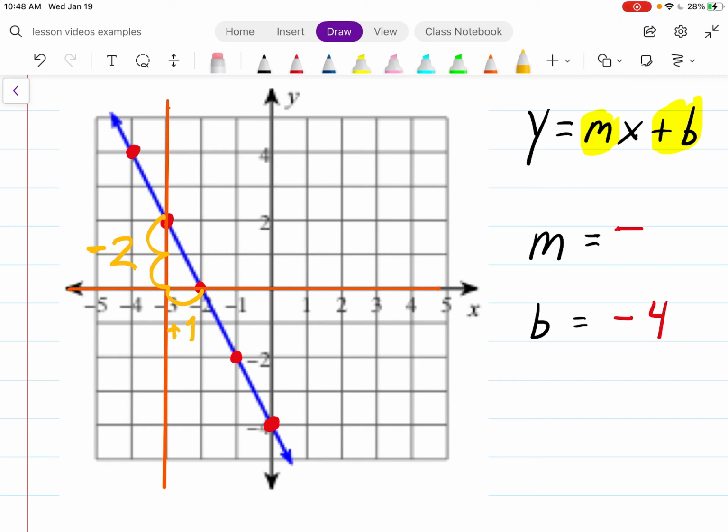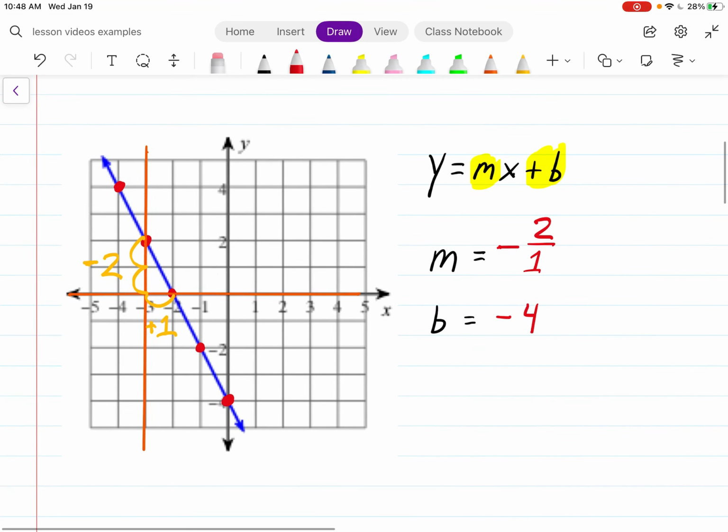So it was +1. So we have a -2 over a +1. So we know our slope would be -2 over +1. However, we know that would simplify to -2. So now that we know what our slope is and what our y-intercept is, we can plug them into our slope-intercept form equation.